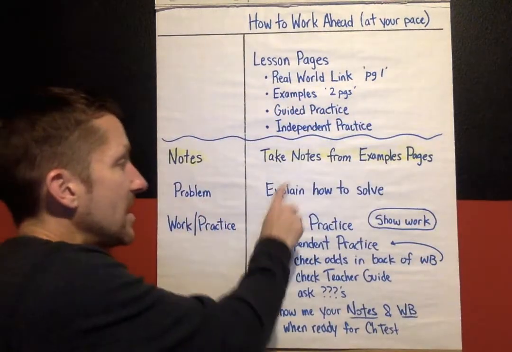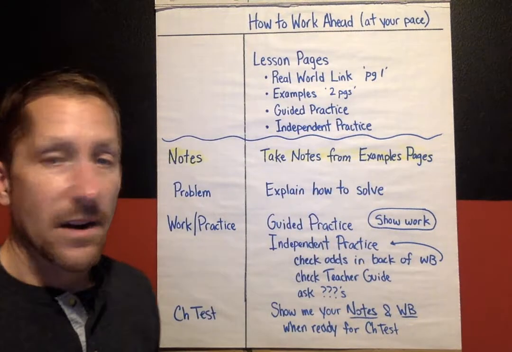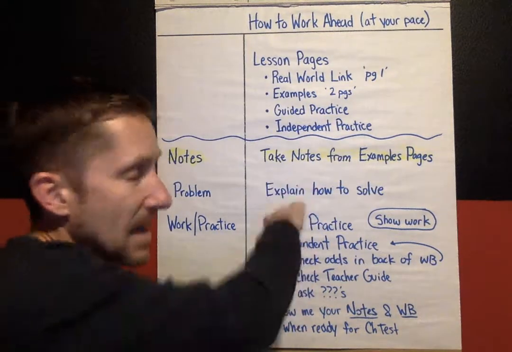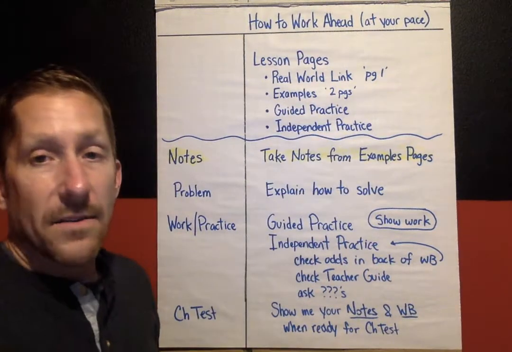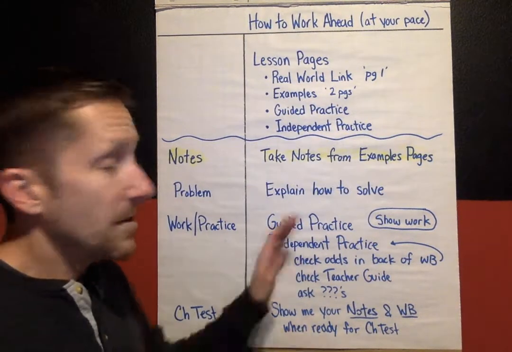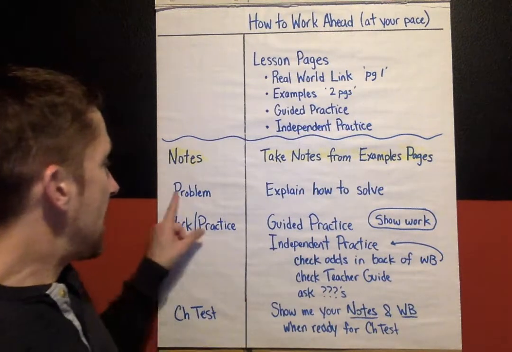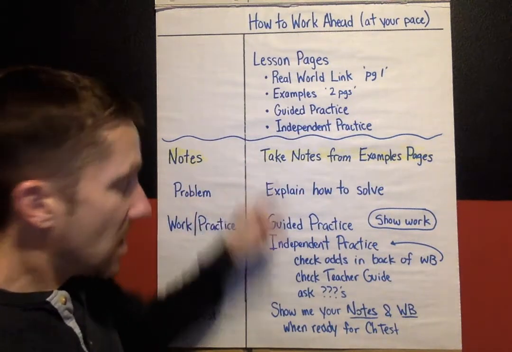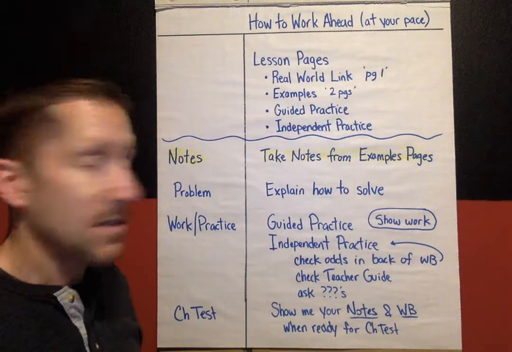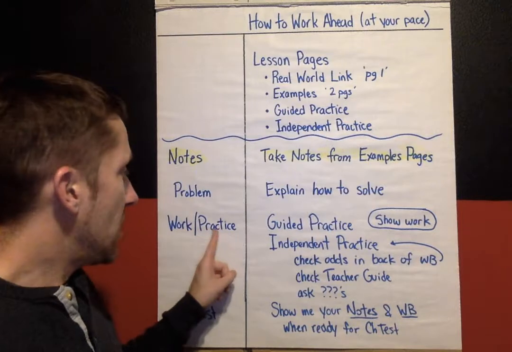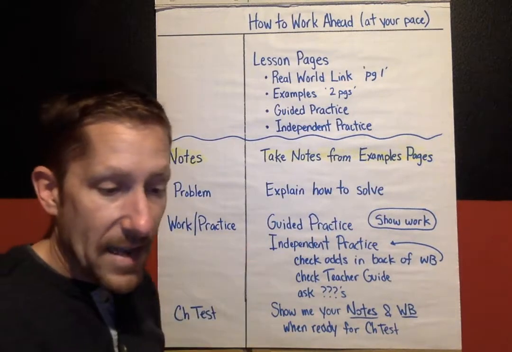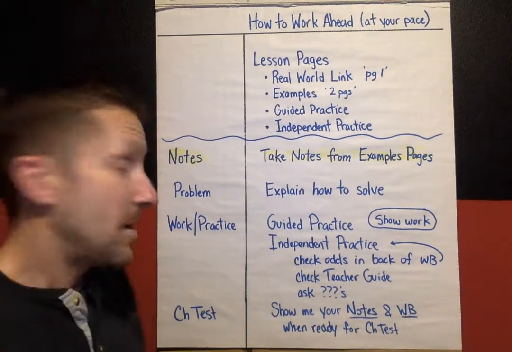That's what I would write here, and then I would show how to do that over here: lining up decimal points, highlighting. That's the explain part. So you still have to take notes even if you are working ahead, and the notes come from the example pages. Next, you still have to do the work and the practice problems, and that looks like what you're familiar with.